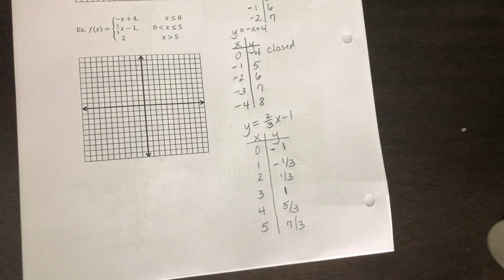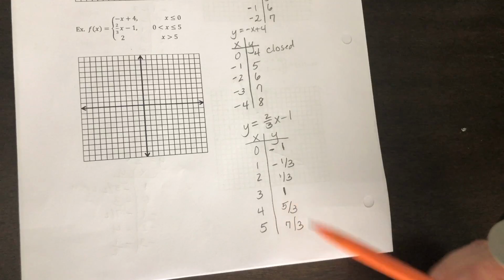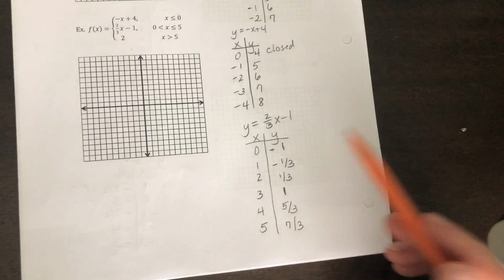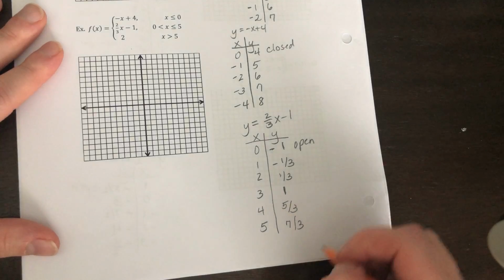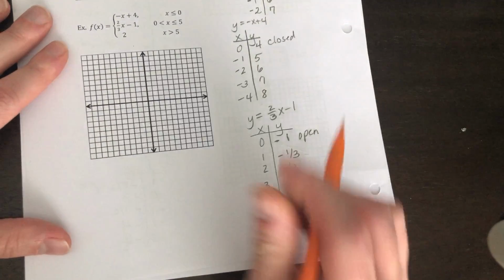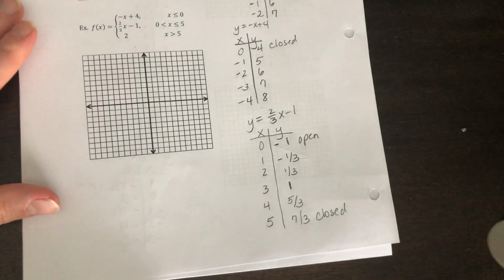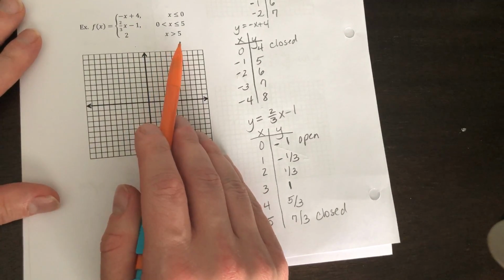Okay, so realistically, we're just going to plot these 2 points right here because those are our good points. So this is going to be open, and this is going to be closed at that point. It's closed because of the equal to branch right there. And then the line y is equal to 2 for x is greater than 5.